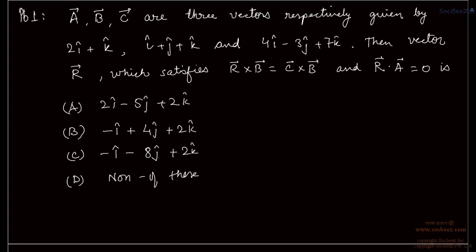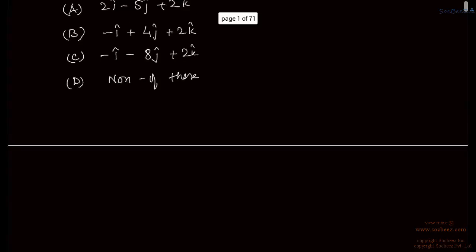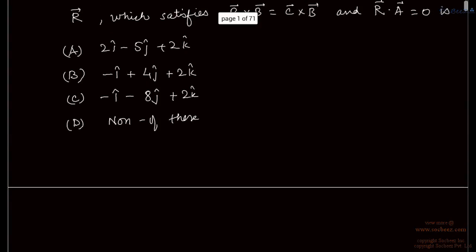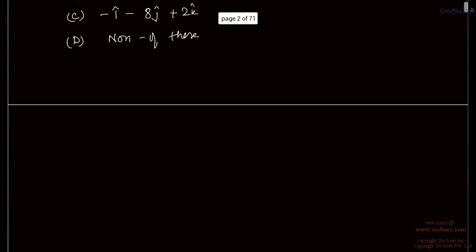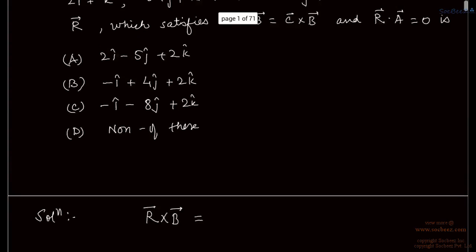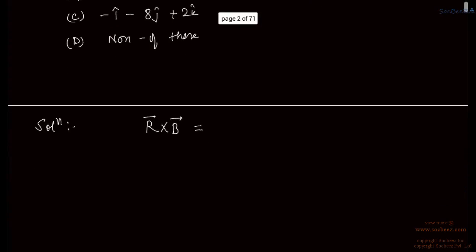Okay. For this, we will be using the relation that R cross B is equal to C cross B. So we have a relation vector R cross B is equal to vector C cross B. And another relation, vector R dot vector A is equal to 0.